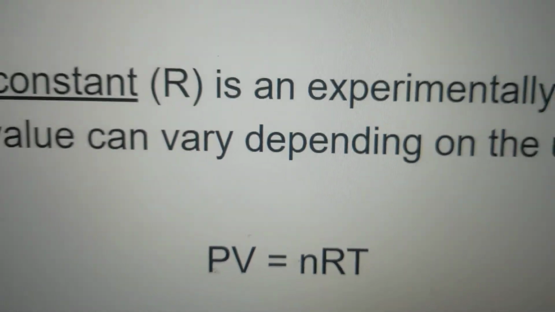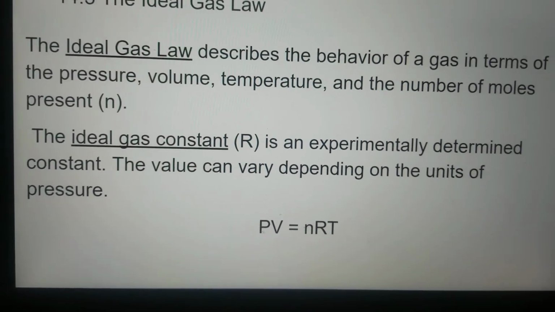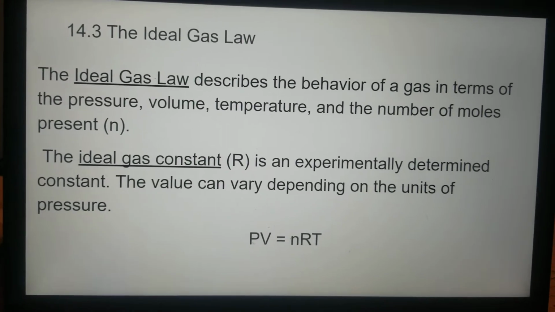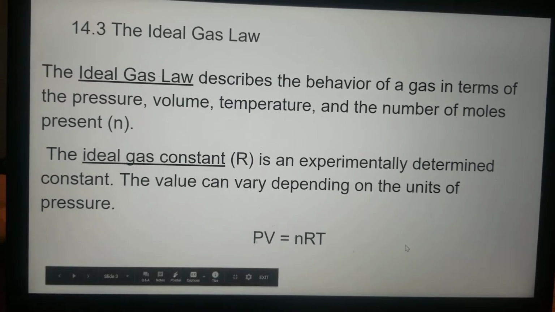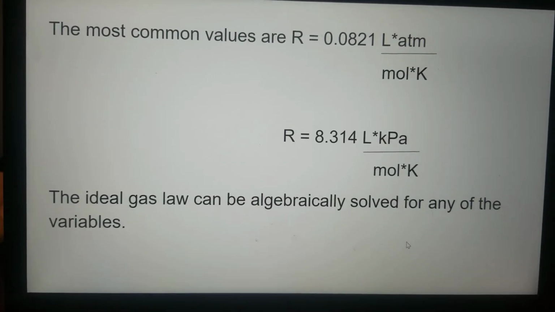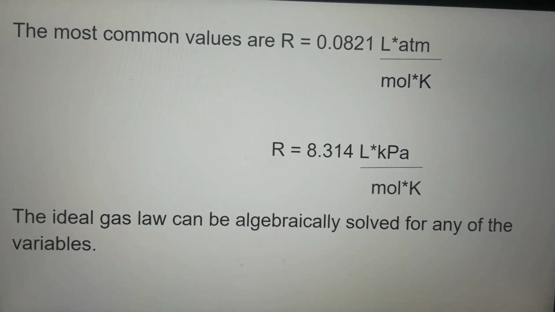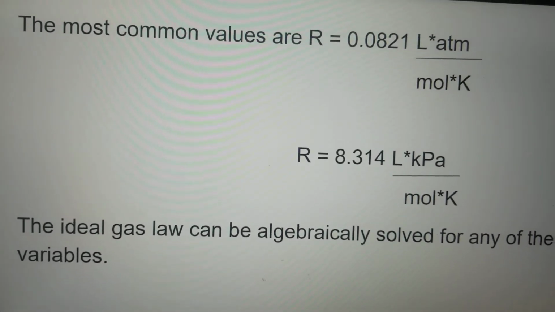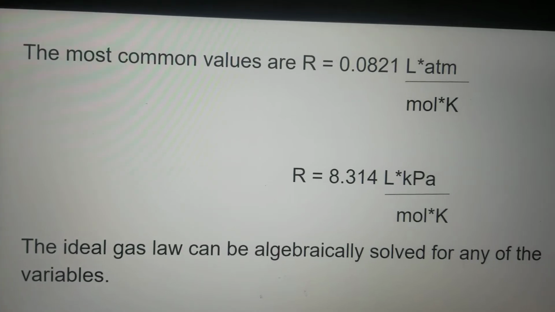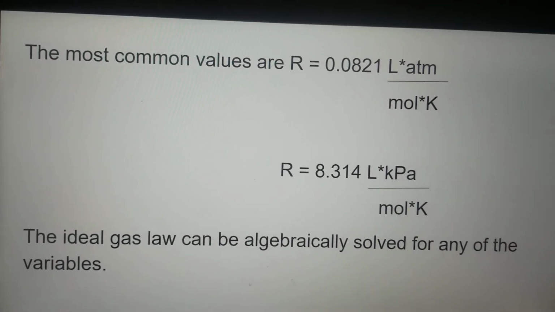Let me show you the values that R can be. These are the two more common values of R. Okay, so R is either going to be equal to 0.0821 or R is going to be equal to 8.314.